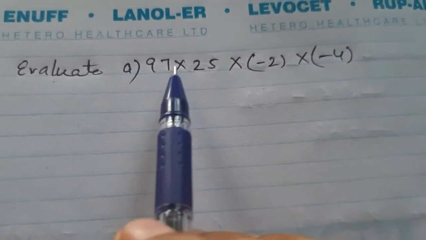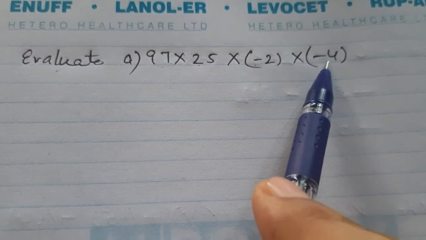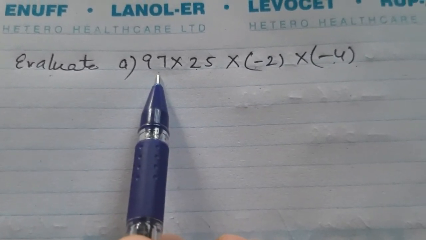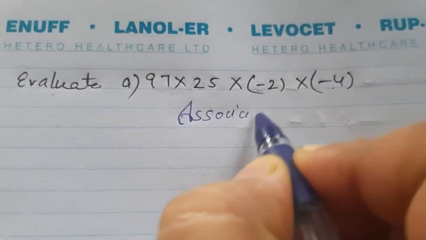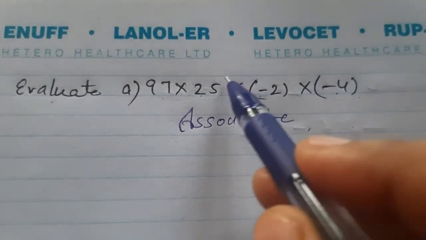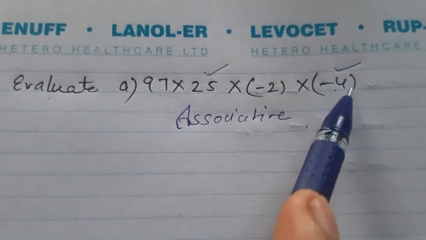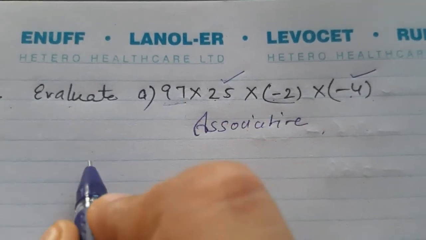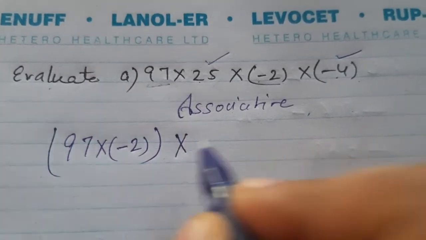Next is evaluate this: 97 into 25 into minus 2 into minus 4. Again all are multiplication signs and there are more than 2 numbers. So we will use the associative property of multiplication. First of all, we will choose the pairs. We will multiply 25 with 4. 25 fours are 100, we know. And we will multiply 97 with minus 2, in one bracket.